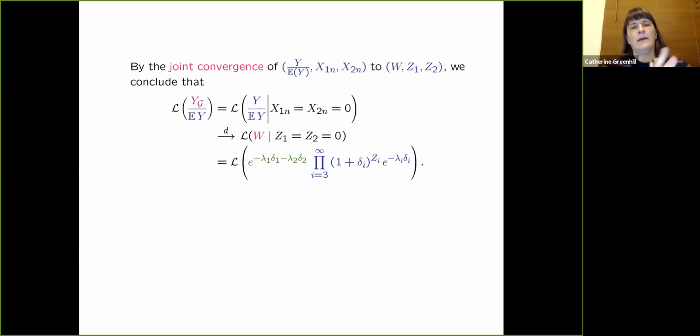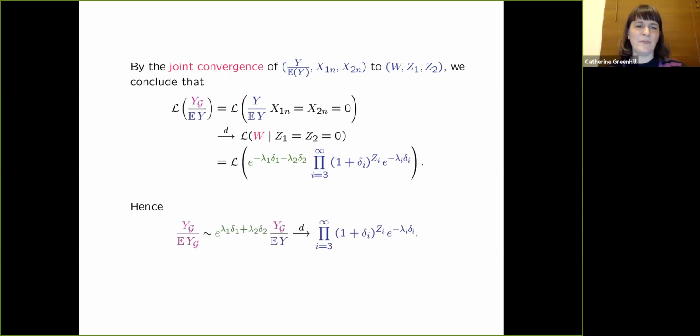Okay, and L is some fancy probability thing that I'm sure you all understand, and Svante writes it this way, so I thought I'd better stick to it this way. But the upshot of it is that you can take yg divided by its expectation. You can replace the denominator and you get the green factor with a positive sign in the numerator, and now we apply this joint convergence step, and that green stuff just cancels and goes away.